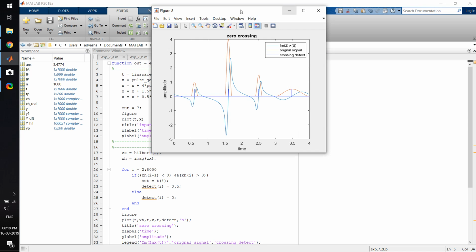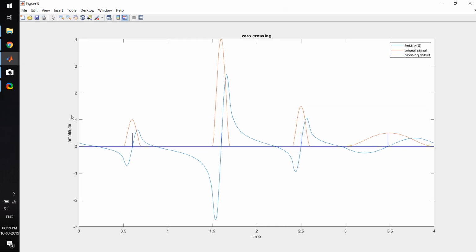Okay, so the orange colored signal is the pulse signal, or the signal containing multiple peaks. As you can see, I have created various and different types of peaks with varying variance and peak amplitudes.